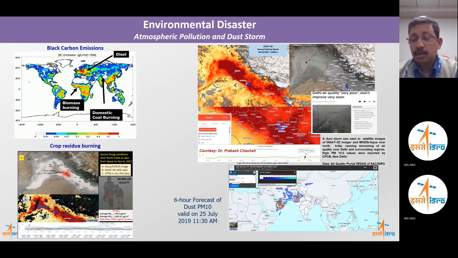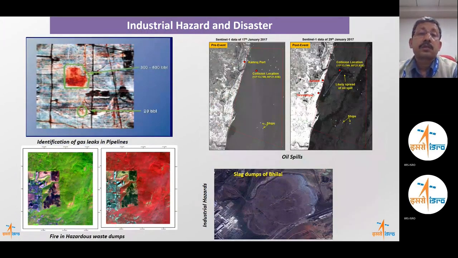Then using Earth observation, you can also detect some of the other industrial hazards and disasters, like identification of gas leaks in pipelines using drone-based observation, hyperspectral observation, identifying the various hazardous fire in waste dumps, identifying the oil spills because of the collision of ships and other industrial hazards.